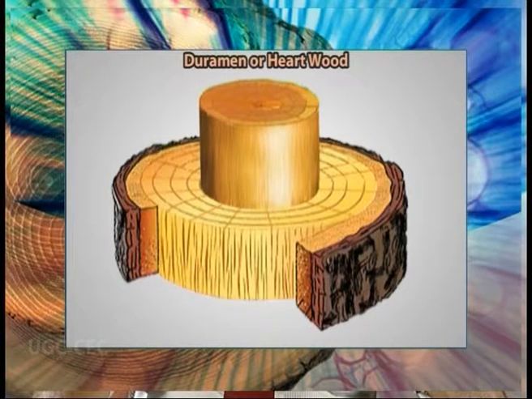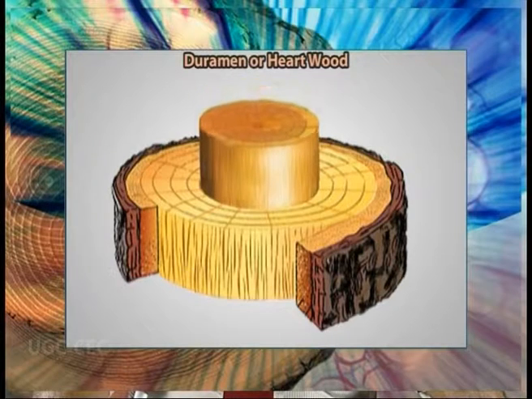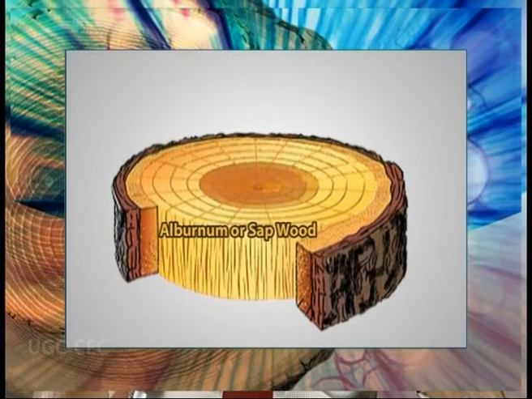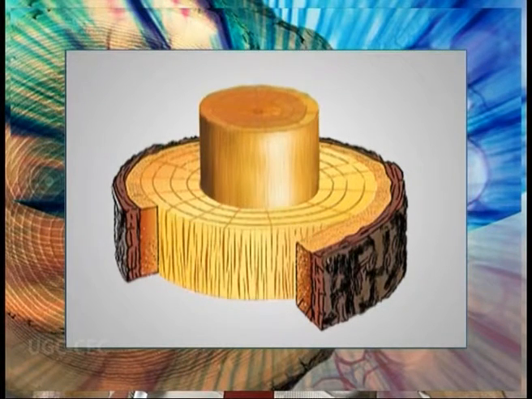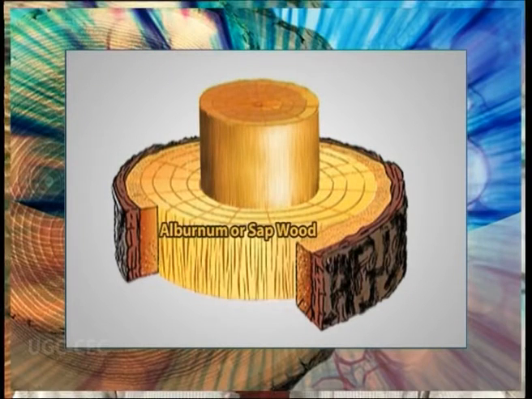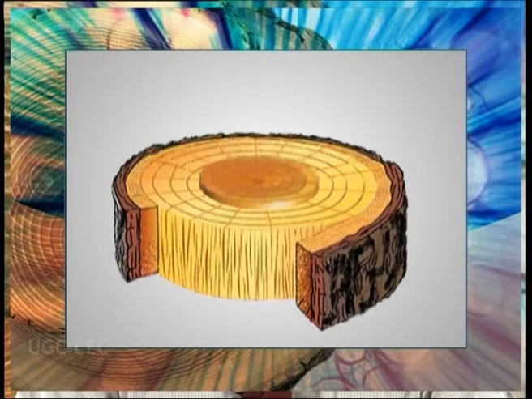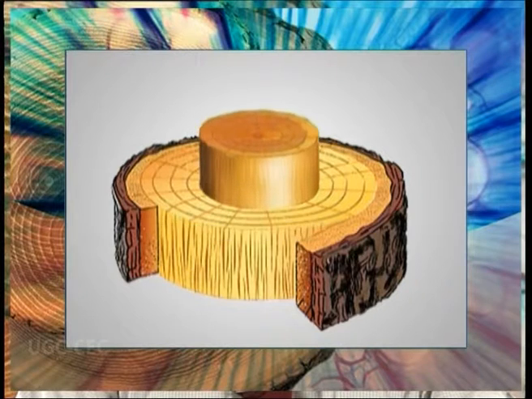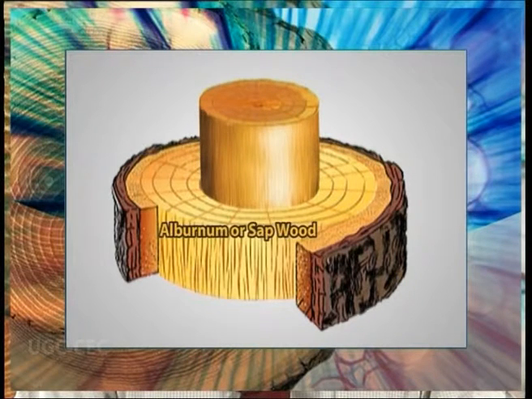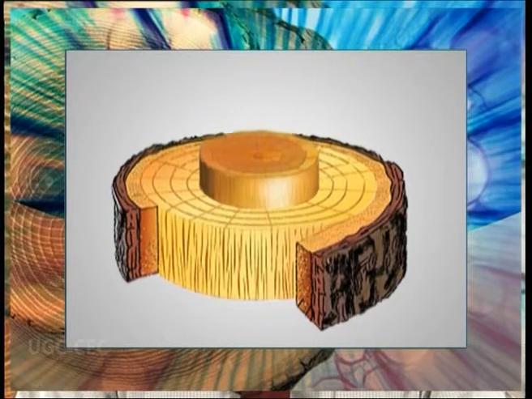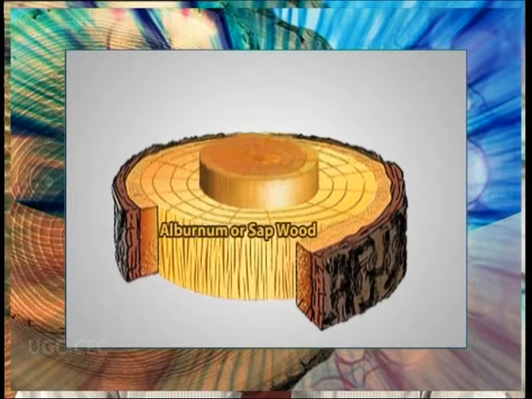It is this part of the secondary xylem that is used as the commercial wood. Sapwood, also known as alburnum, refers to outer living layers of the secondary wood of trees which engage in transport of water and minerals to the crown of the tree.